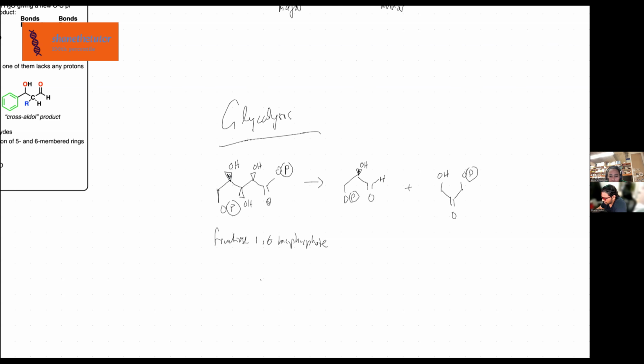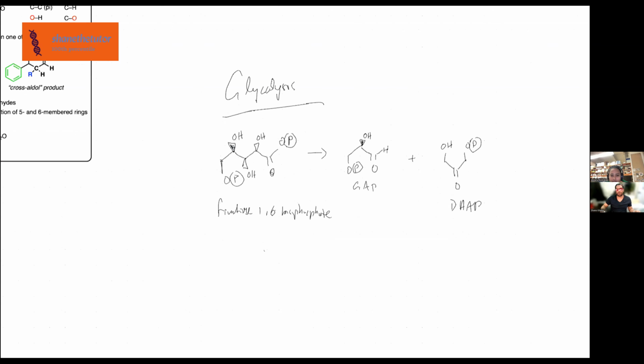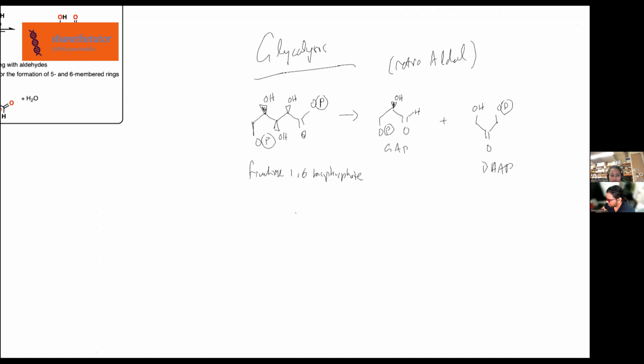This is, I think, glyceraldehyde phosphate, GAP, and DHAP, right? So this is kind of like a reverse, I think it's called retro aldol. And that's what you see in glycolysis. In the Krebs cycle, you will see some.